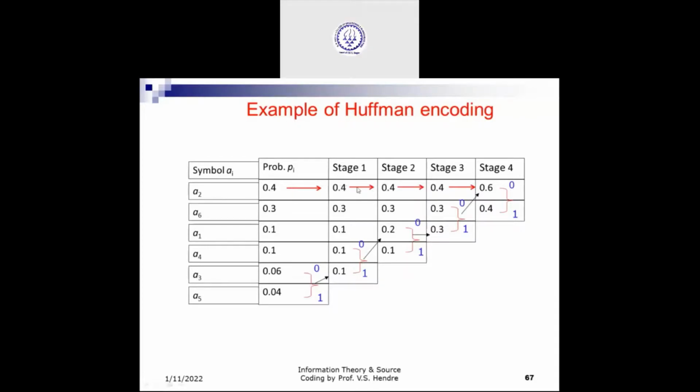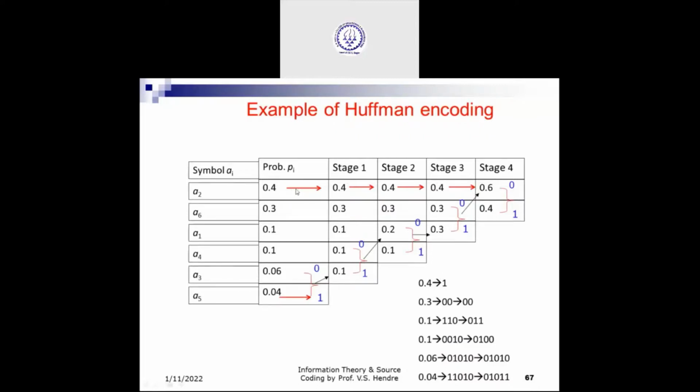Here also there is no code for 0.4. Here also there is no code for 0.4. But when this 0.4 goes to this particular point, I found that the code for 0.4 is binary 1. Therefore, in my table, I got the code for 0.4 as binary 1.